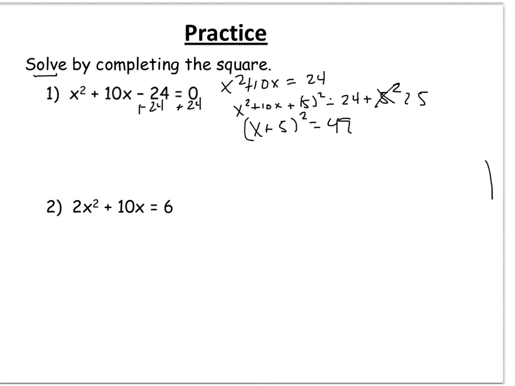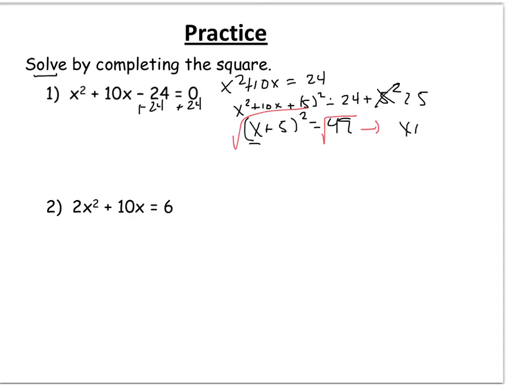And then I'm going to go ahead and solve. And remember what I said in the other video, we want to solve for x, so the idea is we need to get to it by taking the square root.